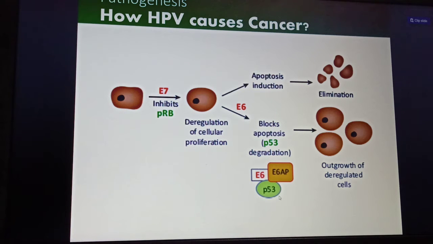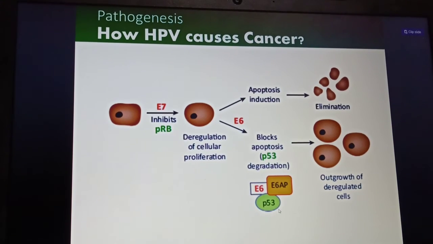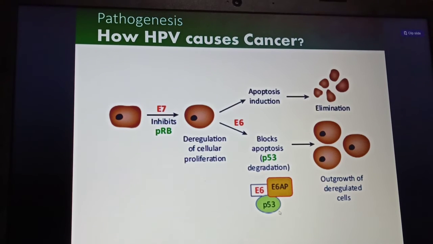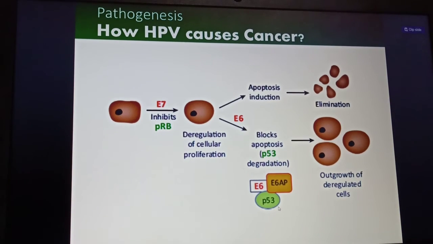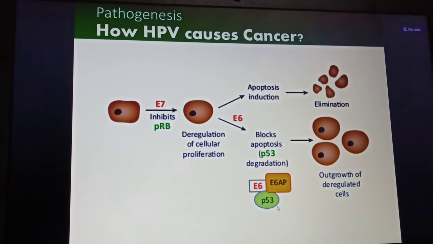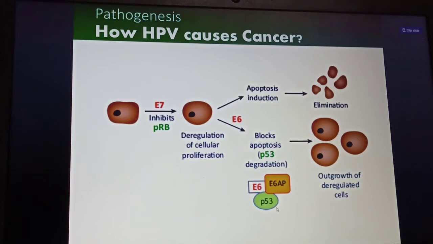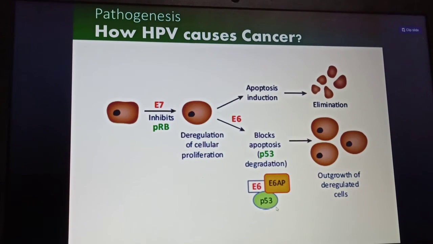Here is the meaning of apoptosis. Apoptosis means programmed cell death. Normally the damaged cell is eliminated and a new generation of cells is formed. But when apoptosis is blocked, you can see the outgrowth of deregulated cells: the cell will not die, and regeneration of new cells keeps occurring.